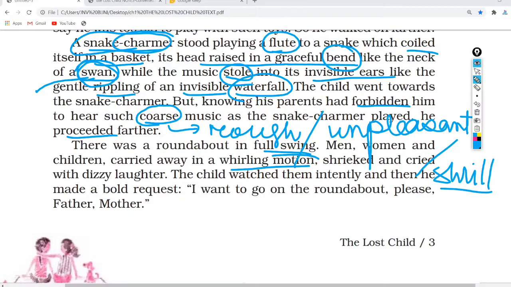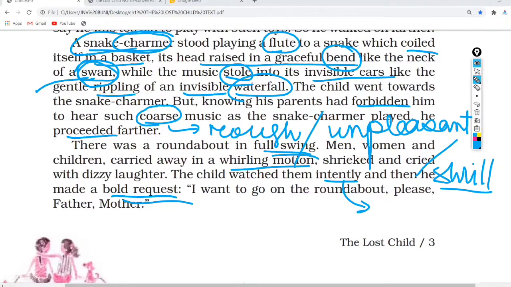The child watched them intently, and then made a bold request: I want to go on the roundabout. Please, father, mother.